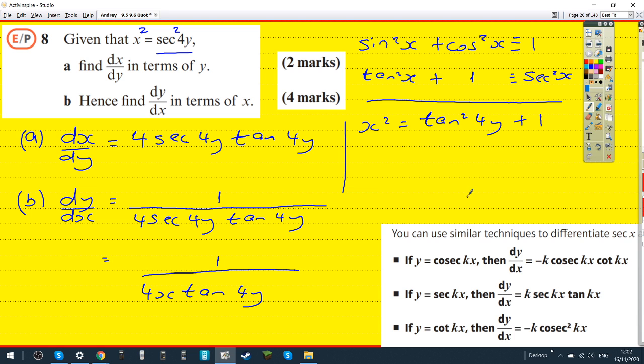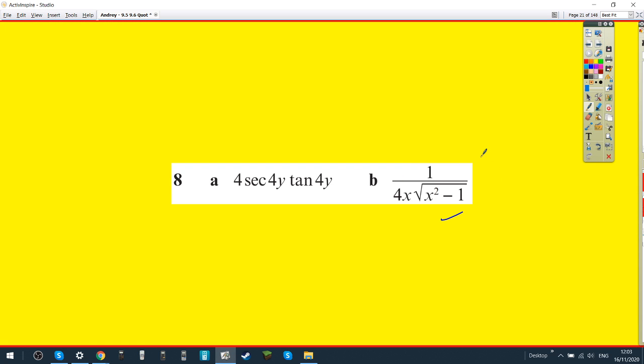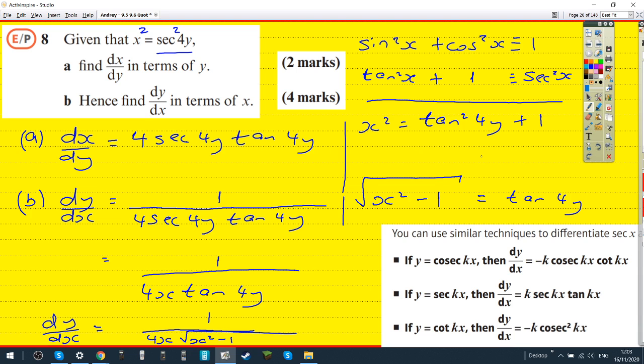And so we need to make it tan 4y equals the square root of x squared minus 1. And so this thing in terms of x will be 1 over 4x root x squared minus 1. Great. And so the way we were swapping between sin and cos, you can do the same with tan and sec.